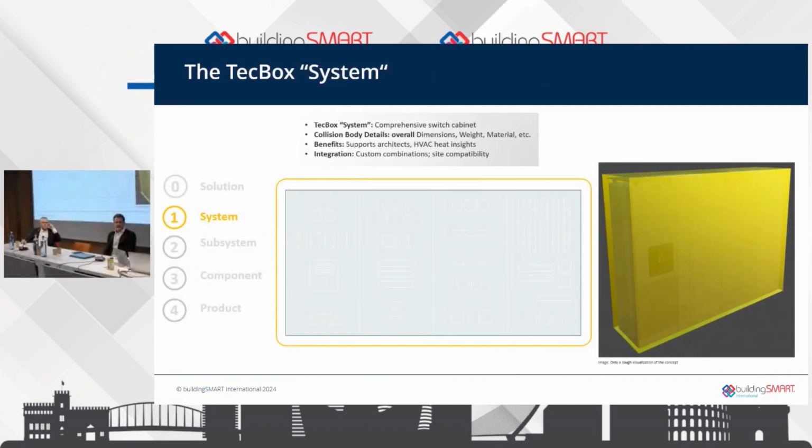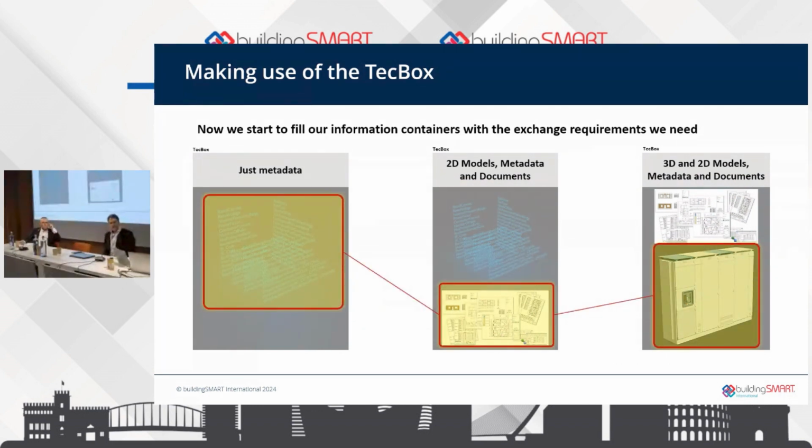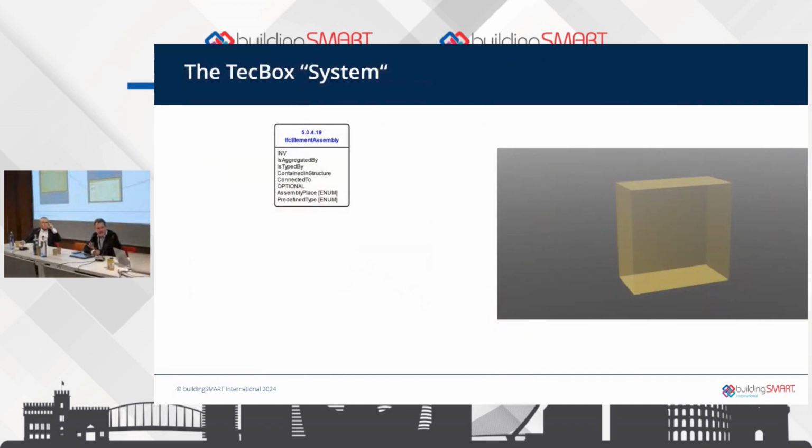The system, as you can see, is the switch cabinet itself. But now I want to dive into the real details. So let's put some information in there. How does that work? So you have the text box system, which is the distribution board. And as you can see in IFC, everything we need is already in IFC.